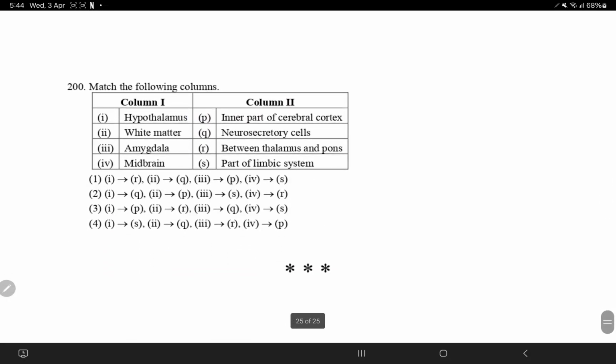Hypothalamus. Hypothalamus is part of limbic system. 1 is yes. White matter: inner part of the cerebral cortex. 2 is Q. Amygdala: between thalamus and pons. Midbrain.